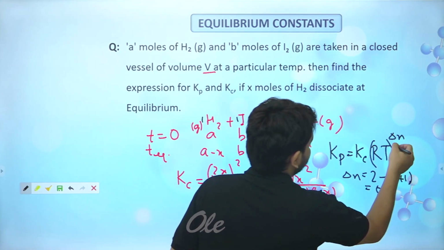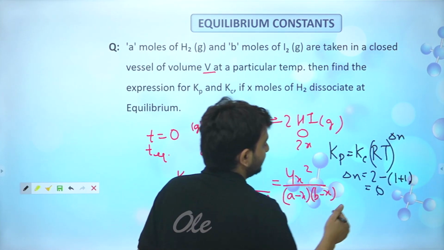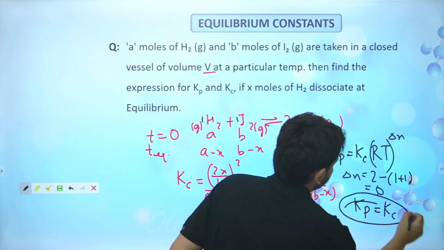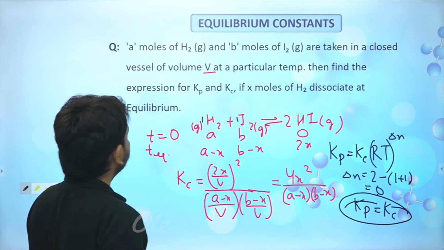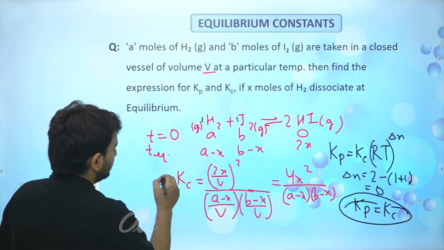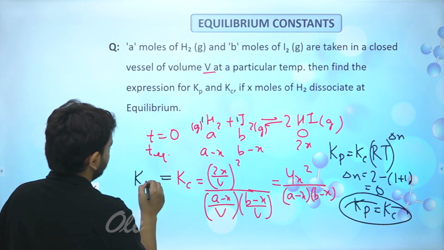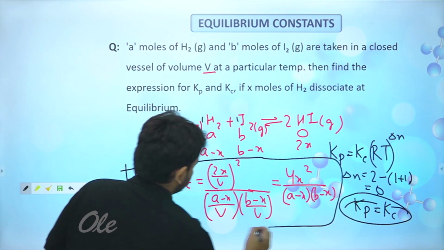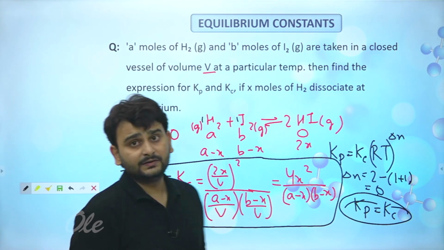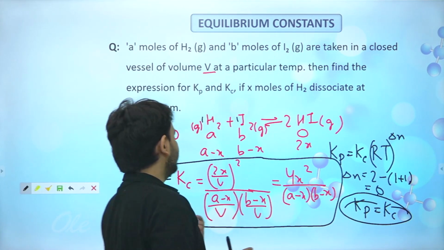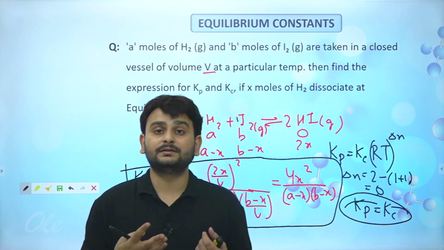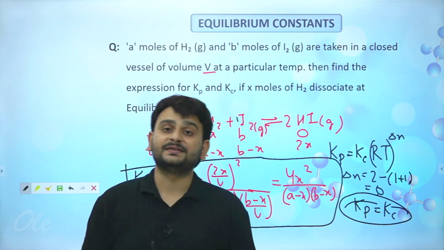So RT raised to the power 0 will become 1. So Kp will be equal to Kc. Whatever Kp is, the Kc value will be the same. So both of these will be the same expression for Kp and Kc. I hope you've understood this, guys. This methodology is very, very important. You will find this methodology occurring at a lot of places.